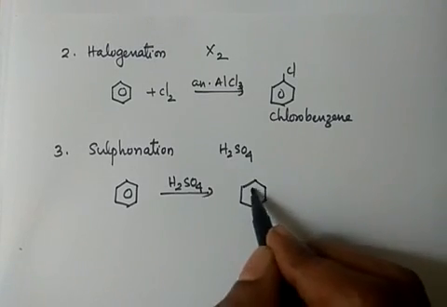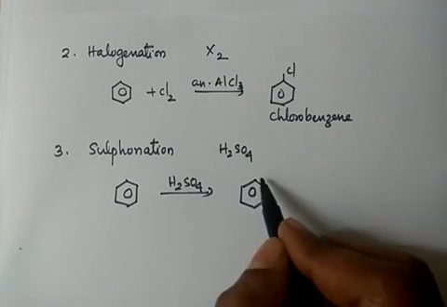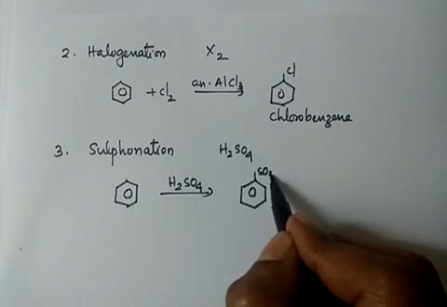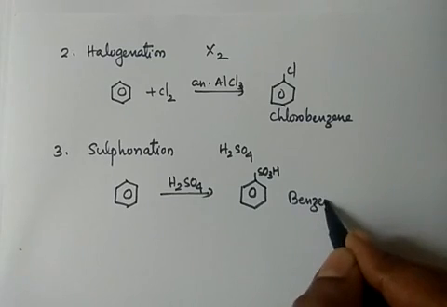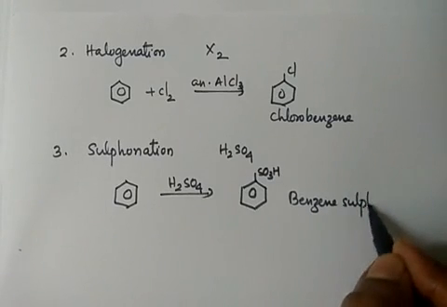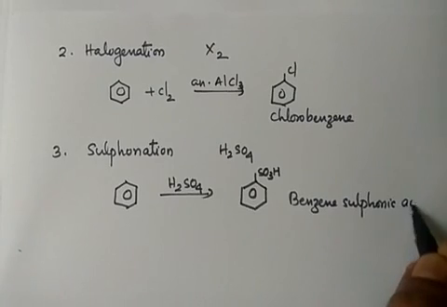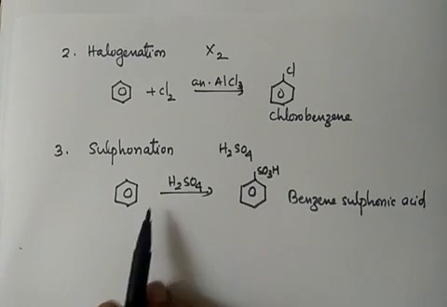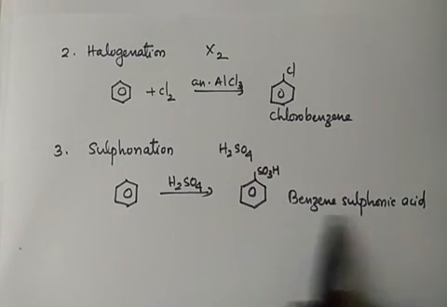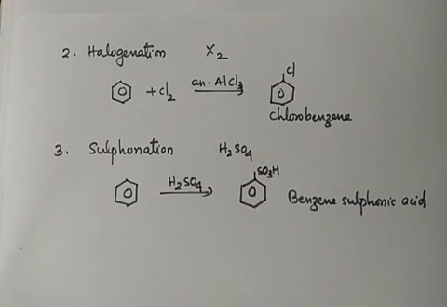Means in the benzene ring, an SO3H group comes. This is called benzene sulfonic acid. Benzene on nitration produces nitrobenzene, chlorination produces chlorobenzene, and sulfonation produces benzene sulfonic acid.